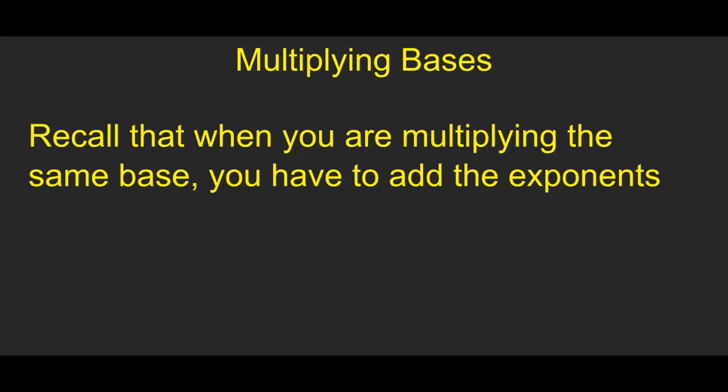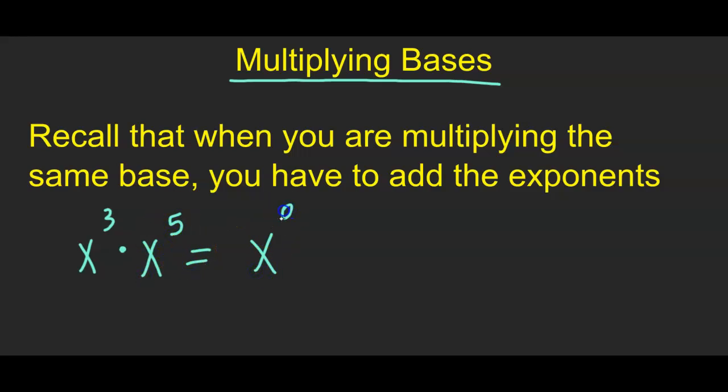Okay, so building on from yesterday, we're going to talk about what happens when we have more than one base on a side. So today is just simply multiplying. So if you recall your exponent properties, whenever you're multiplying the same base, you add your exponents. So if I had x to the third times x to the fifth, this is x to the eighth.